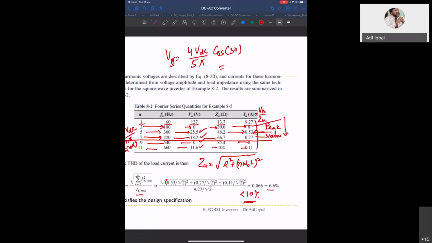You can just show up to the 7th harmonic. But they have shown up to 2 more harmonics, because the 9th is already 0. So after the 7th, 1 more harmonic, the 11th, they have considered. But even if you show up to 7, it is okay. I have to check what the answer is if you just take those up to the 7th. Check if your harmonic distortion is less than 10 or not.